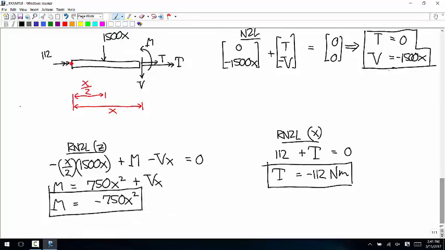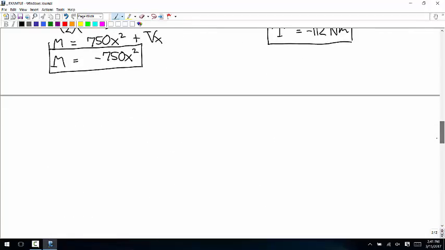So now we go to the second cut. Cut 2 is valid for x values between 0.1 and 0.2.